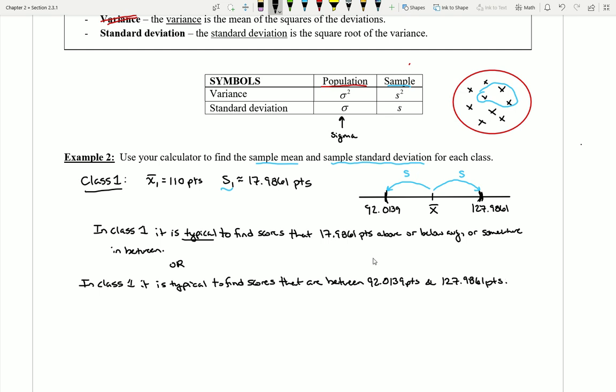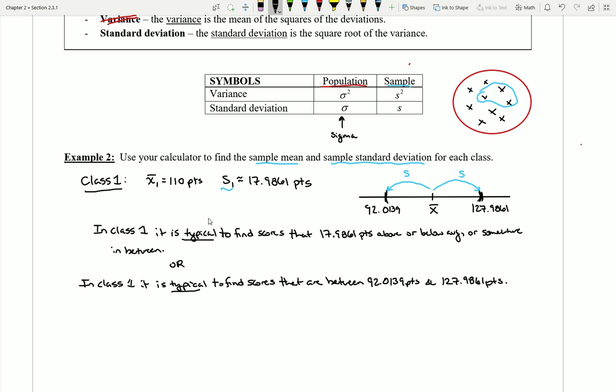Right? I'm just stating that interval. Either of these interpretations is totally fine for a standard deviation. They both help me interpret what it means. But this S value is just telling me how high above or below average it is common or typical to actually move.